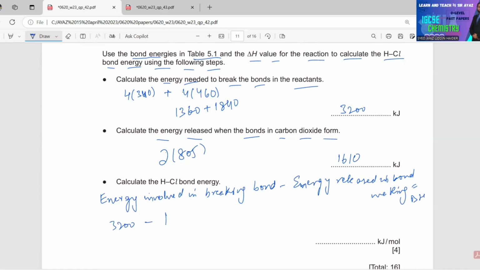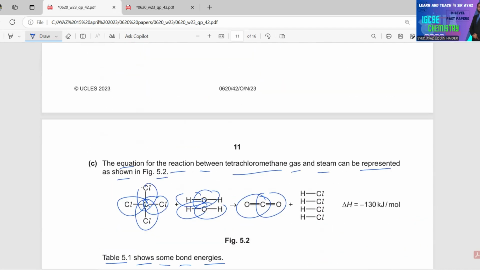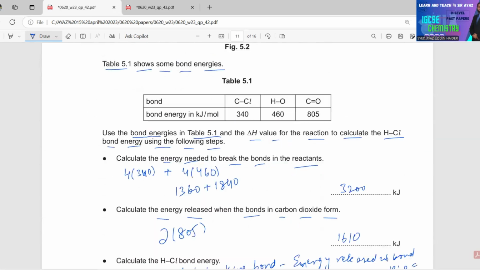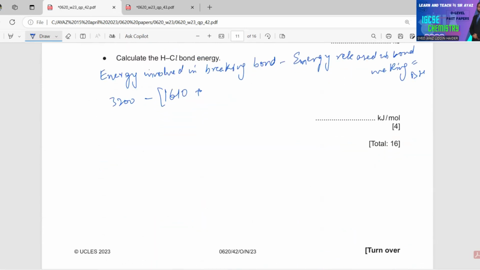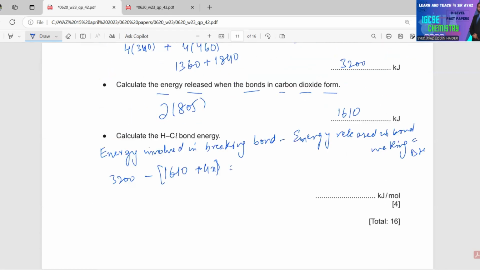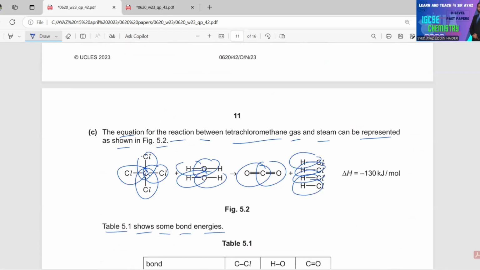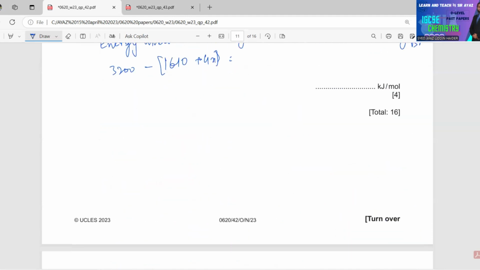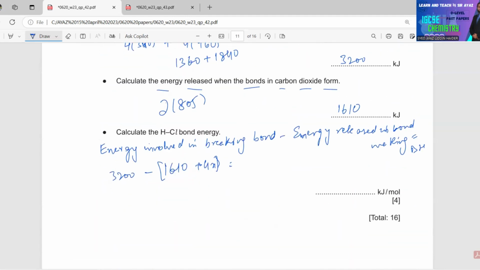So we have 3200 minus 1610 plus we have 4 HCl bonds, so I will write 4x. And the enthalpy change is given, which is minus 130.